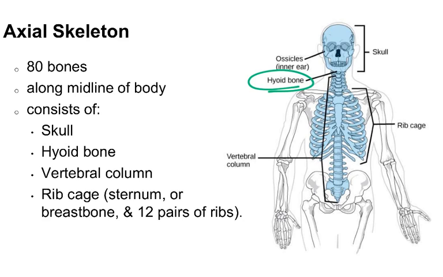The vertebral column, so those are all of the vertebrae, including the fused vertebrae of the coccyx and the sacrum, right? So it doesn't matter that the sacrum is articulating with the coxal bone. It's axial. And then finally, the bones of the thoracic cage or the rib cage.